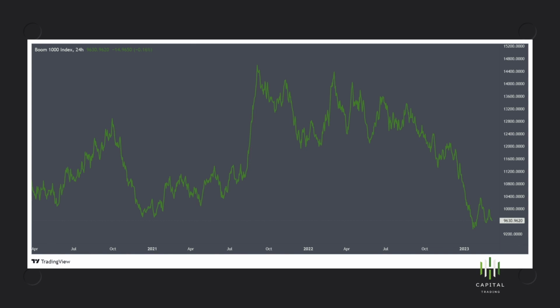From April 2020 up to October, they went up, right? If you remember, we put up a chart showing the trend for Boom 1000. They went up, they went down, they ranged to the upside, then they went up. This was a good example of a trending market.